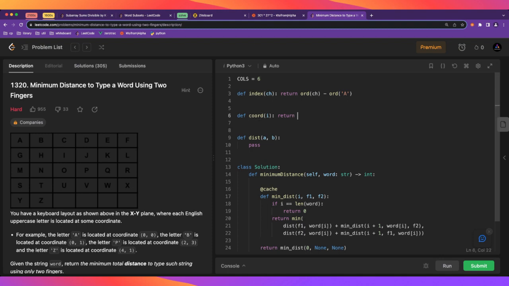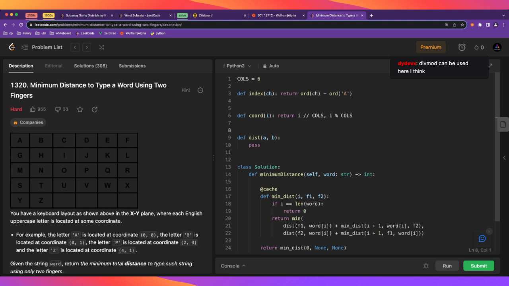Let's keep it clean by defining a constant. The row is going to be determined by the division by the columns, and the column is going to be determined by the mod.